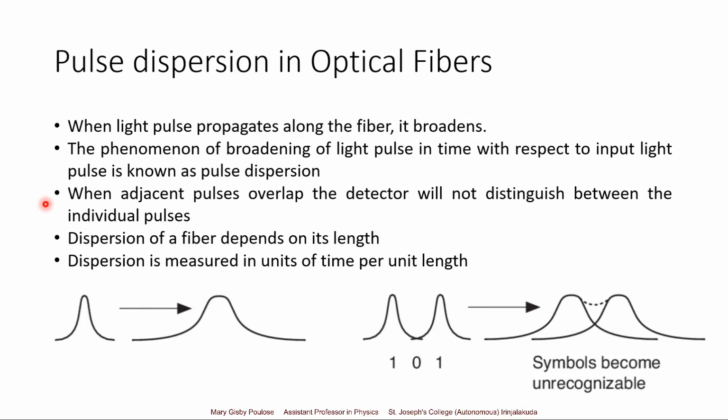So when these adjacent pulses overlap, the detector will not distinguish between the individual pulses. The dispersion of the fiber will depend on its length. If it has a dispersion value for 1 kilometer, for 10 kilometers it will be 10 times greater. And this dispersion is measured in units of time per unit length of that fiber.